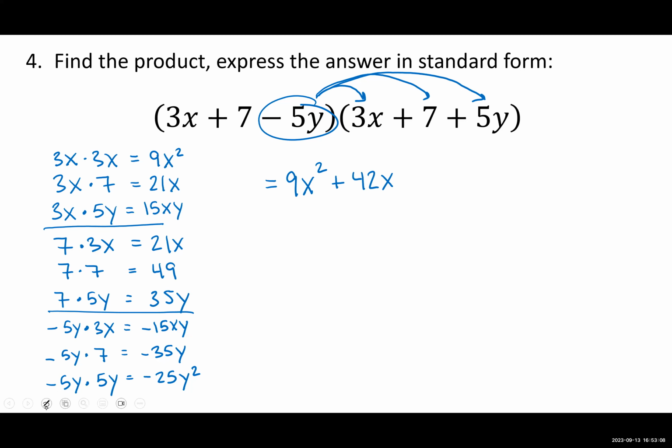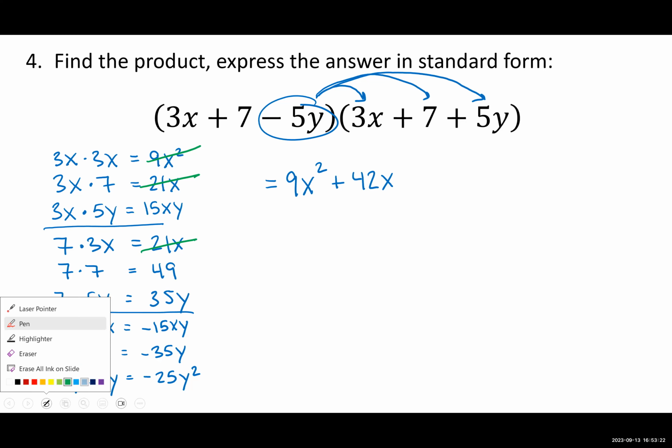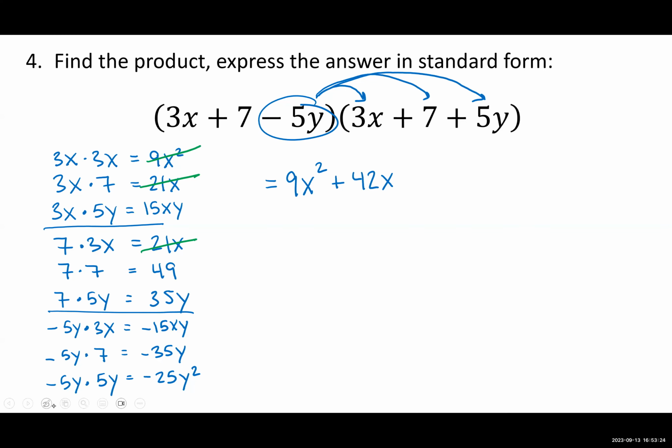So let me do some crossing out. We took care of this guy, 9x squared. We took care of these two 21x's, right? Then we've got an xy. Right, we got 15xy.